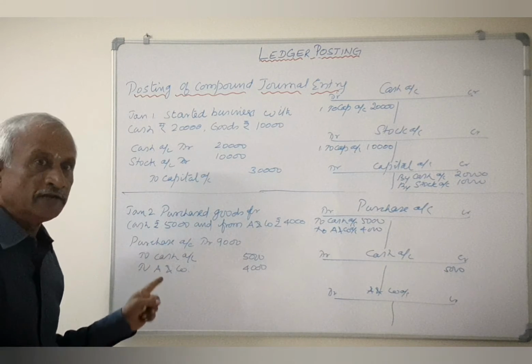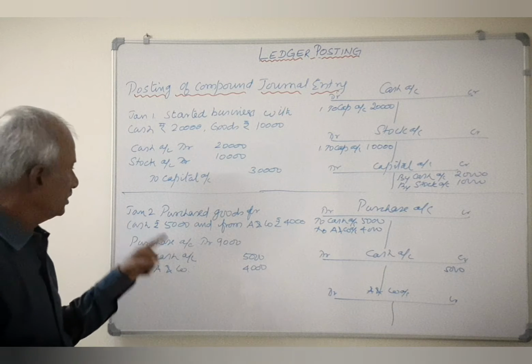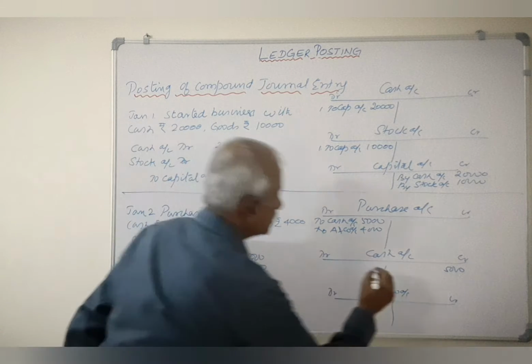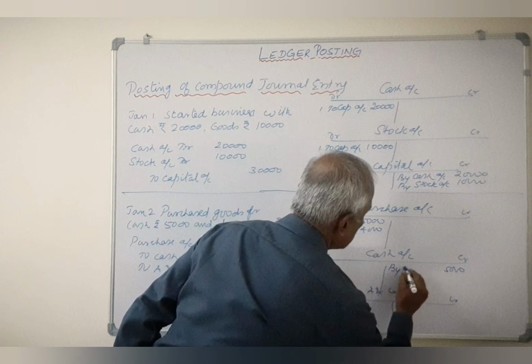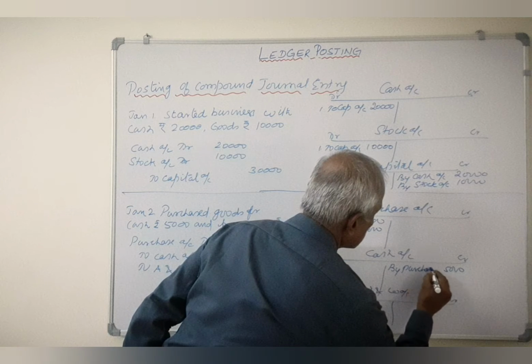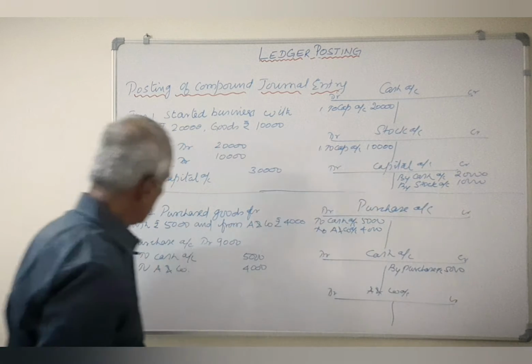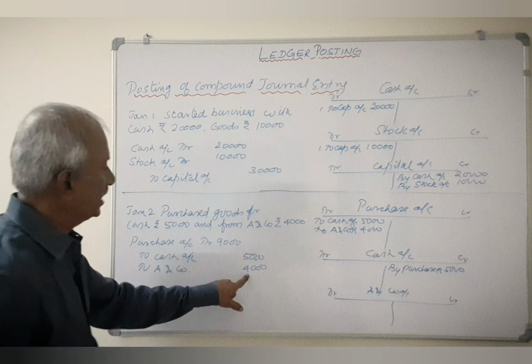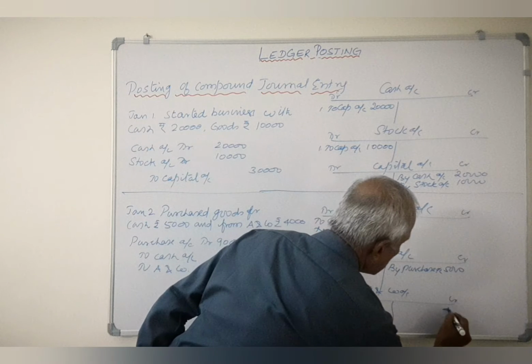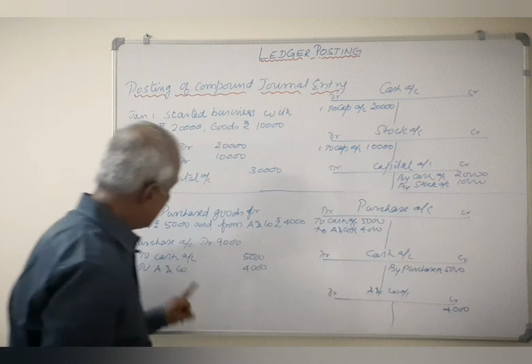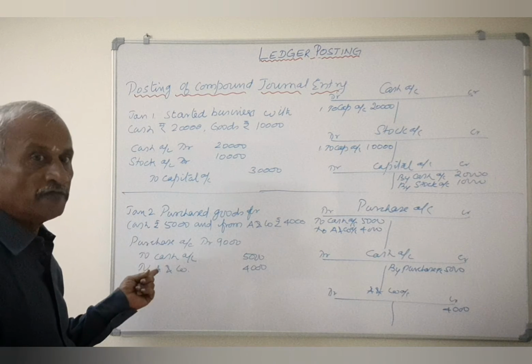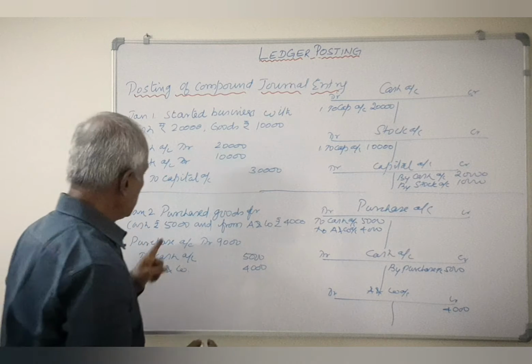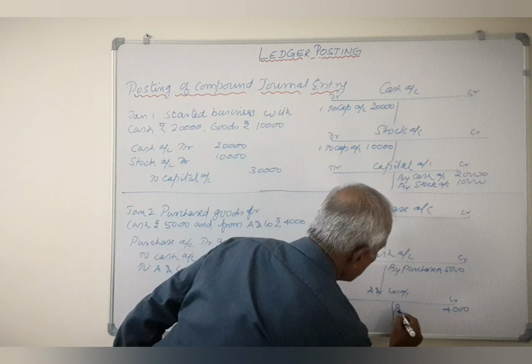Against it you have to write the name of the account debited in the journal. Debited in the journal is purchase. So by purchase account. Then AN company account, credit side 4,000. Against it you have to write the name of the account debited in the journal. It is purchase again. So by purchase.